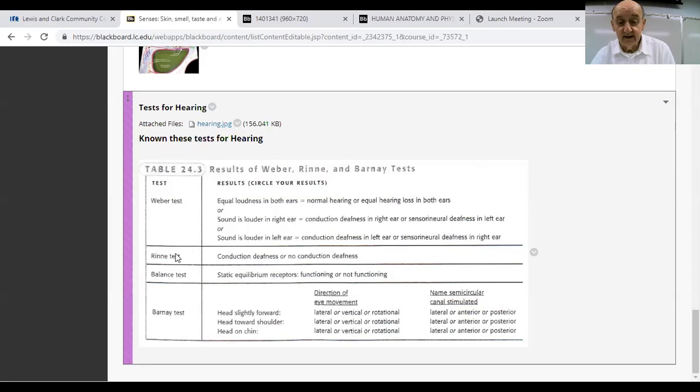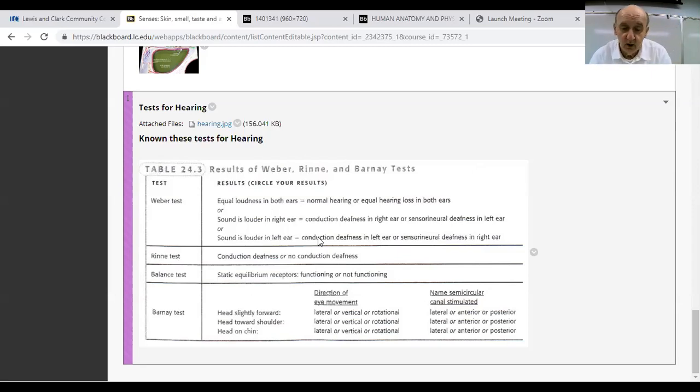And Rini test, again, is the more specific test. It can test one hearing apparatus at a time. And so this is all we wanted to say about the special sense of hearing.